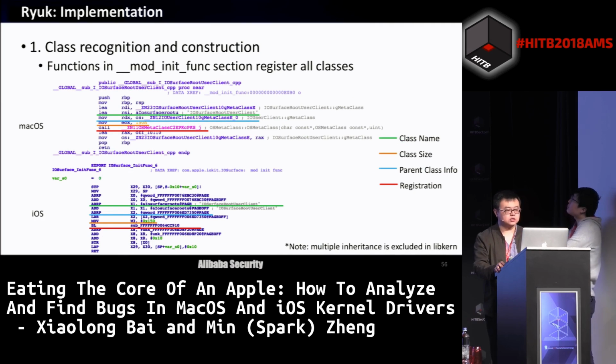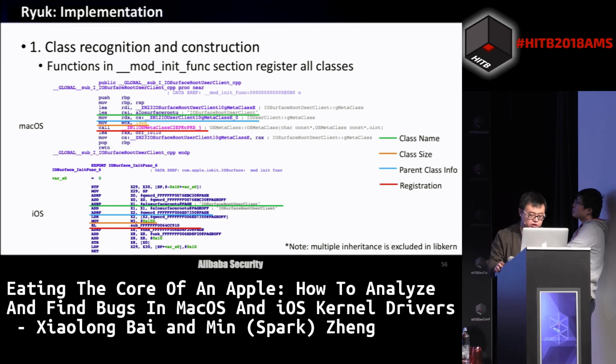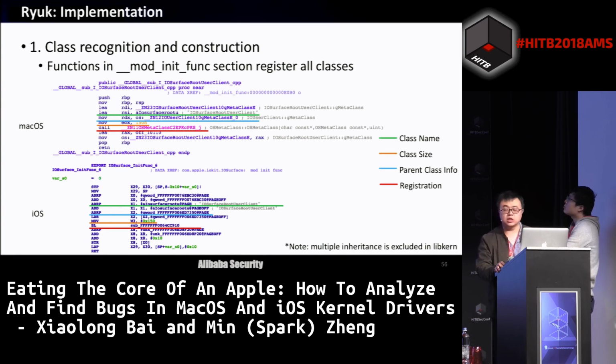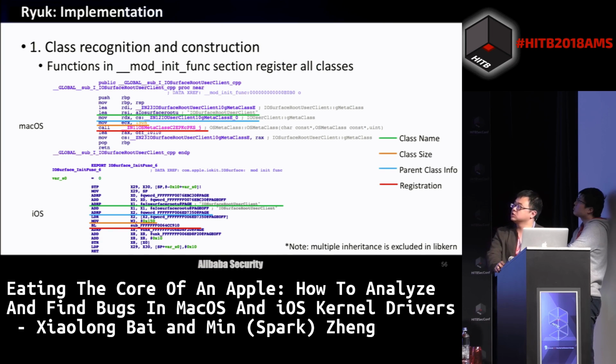So we analyze these initialization functions. We can find that these functions call some registration function at the red line. And when calling these functions, the drivers pass some basic information of the classes, including the class names, class size, and their parent class information.